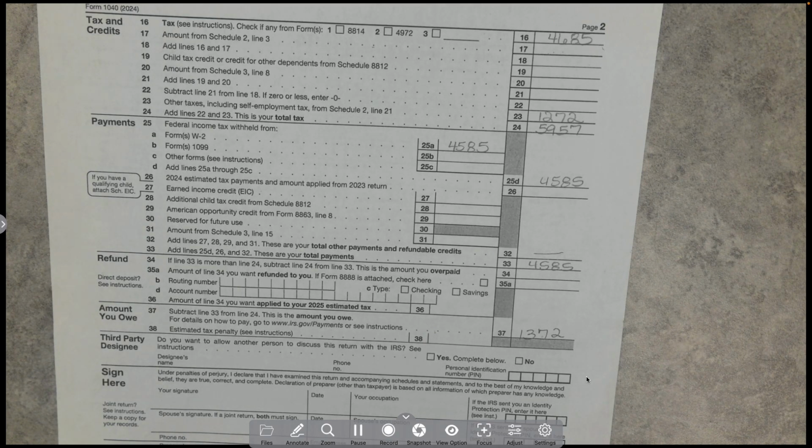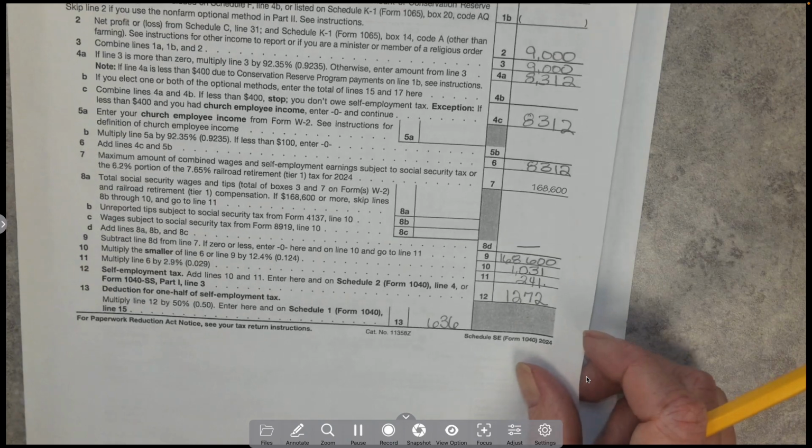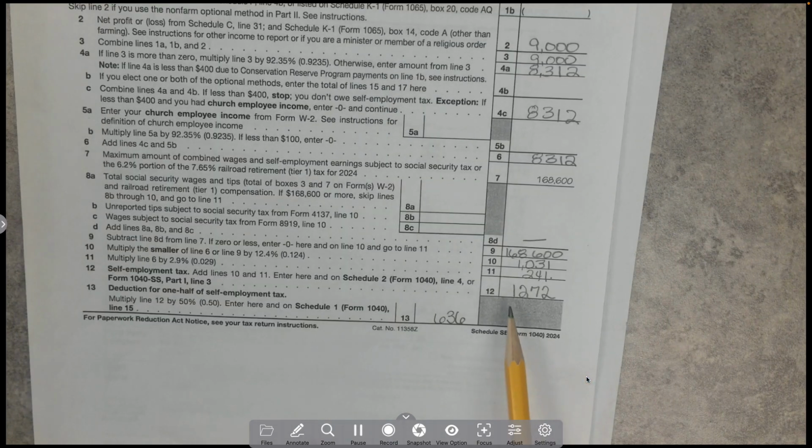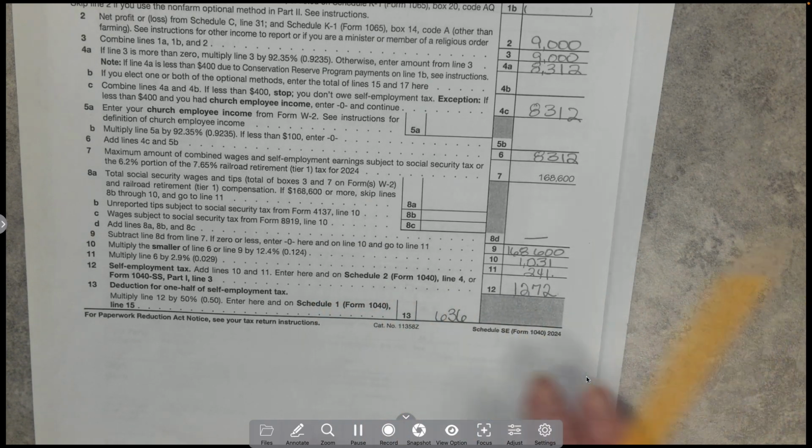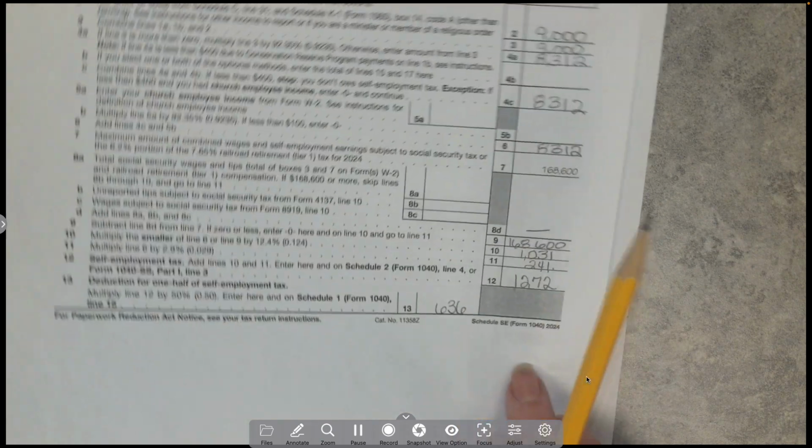Now, down here, because he owns his own business, the other thing that we're going to have to take a look at is his self-employment tax. So if we look at the self-employment tax here, his self-employment tax is going to be $1,272. Now this does say enter here on from Schedule 2, line 4. Well, this is not obviously Schedule 2, line 4.